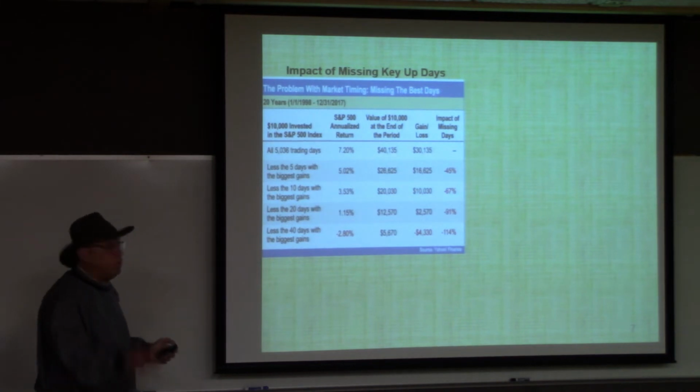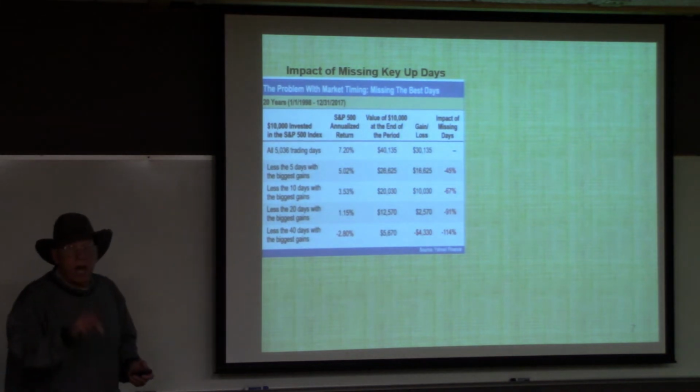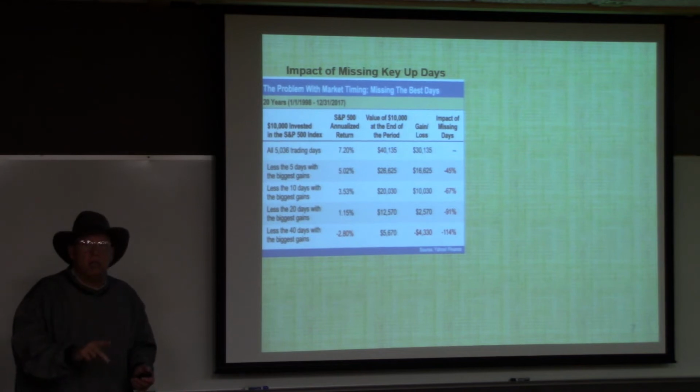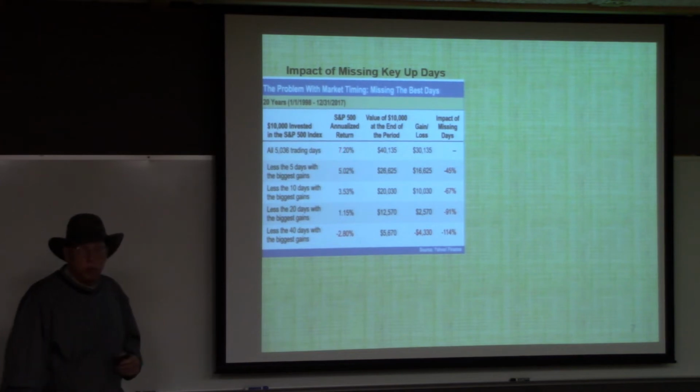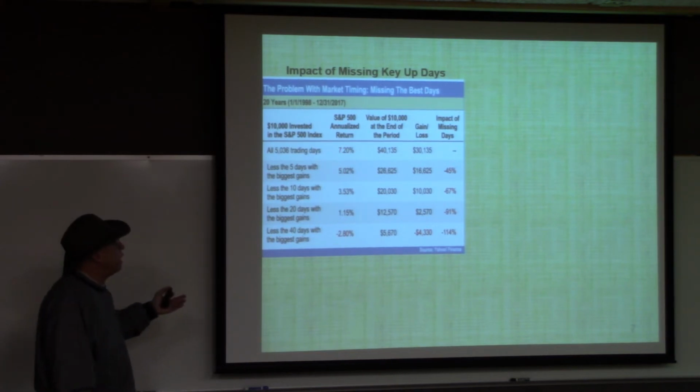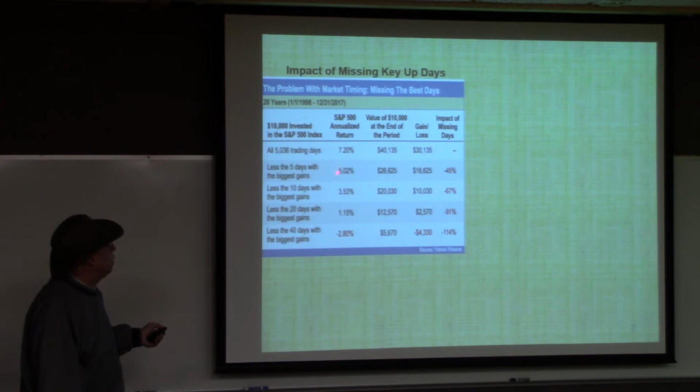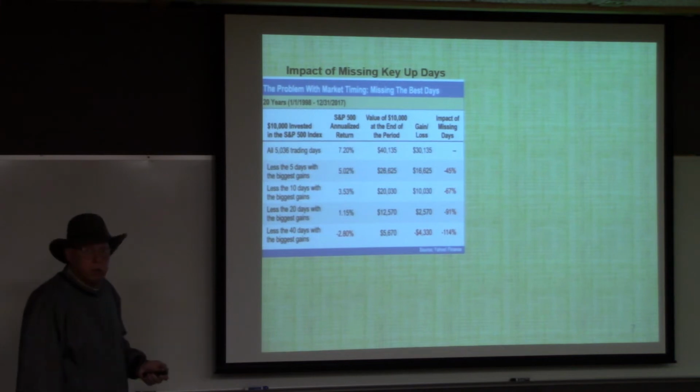If you missed the 5 biggest gaining days because you were a market timer, then your average annual rate of return was 5%, not 7.2%. And you might say, oh, that's not much, really? Well, over that period of time, if you had invested $10,000, it would have turned to $26,600.